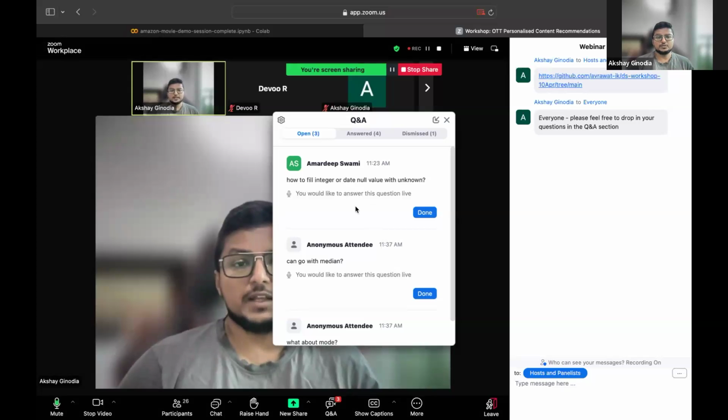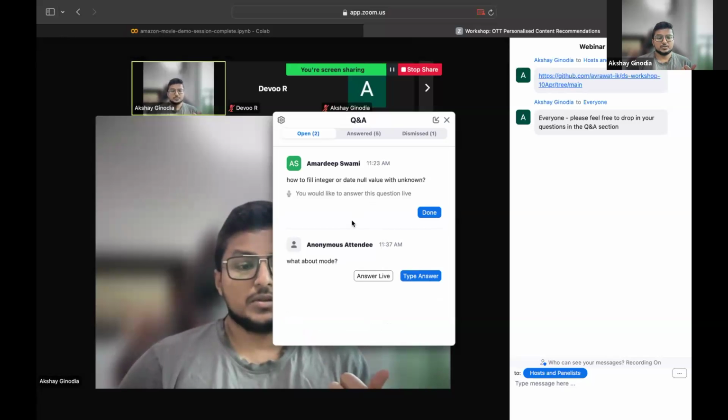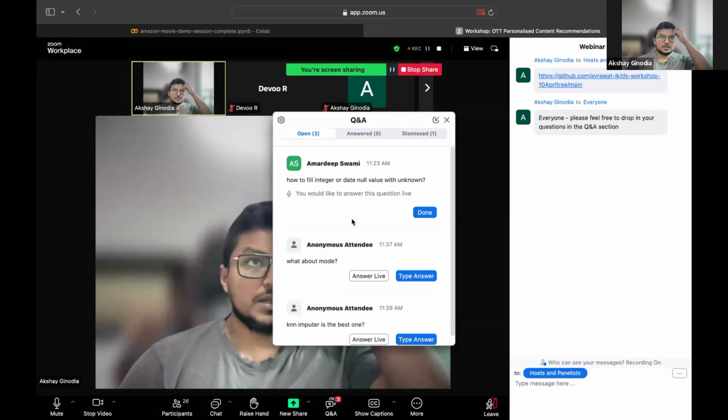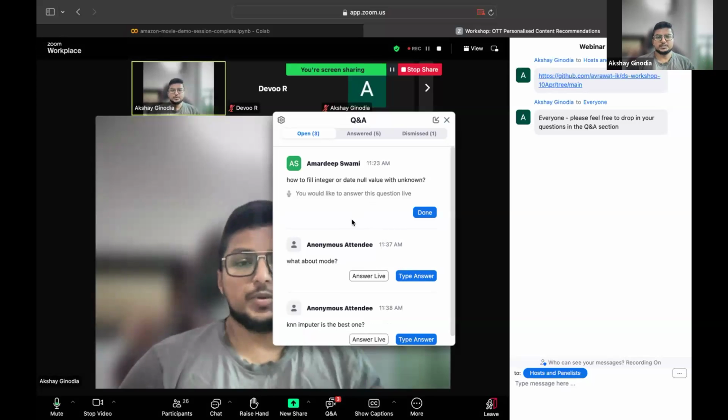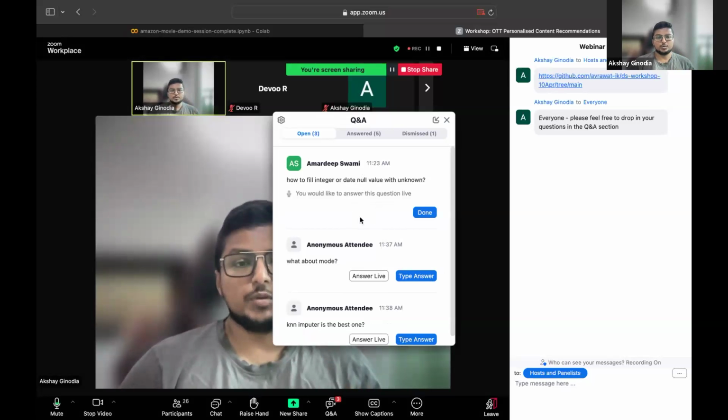For date values, again, most commonly occurring date is a good one. Yeah, so for date value, the most commonly occurring date, or sometimes, again, based on KNN imputation, you might figure out what date can be closer to a particular date point, but most of the time you do a mode on this for the date value, or maybe use something like unknown.